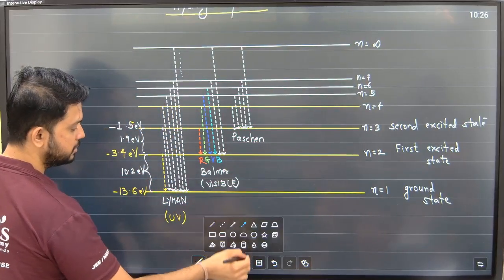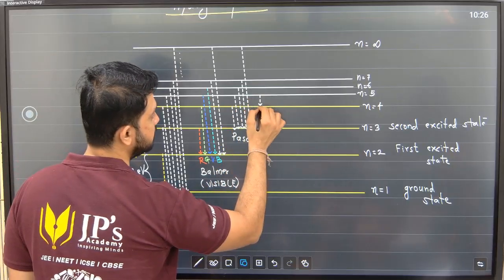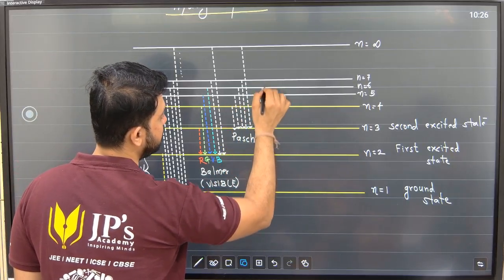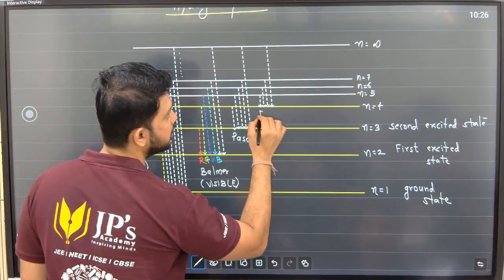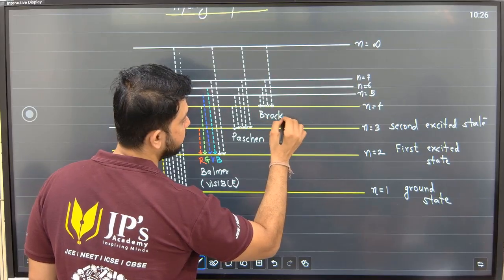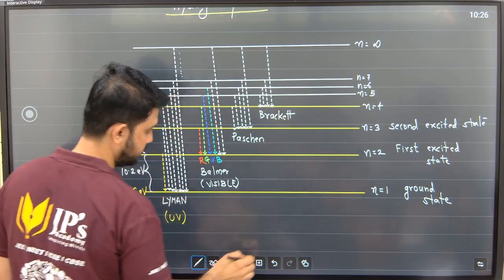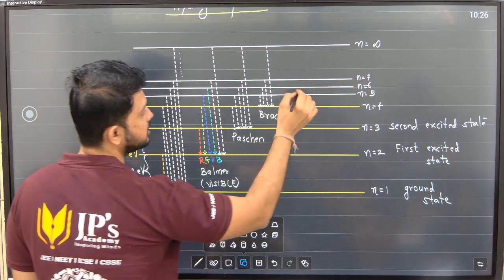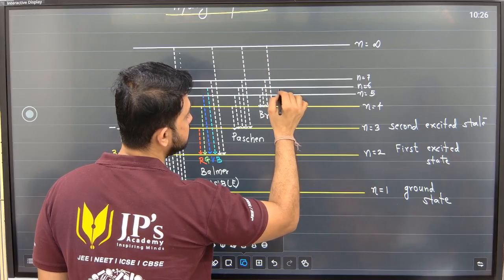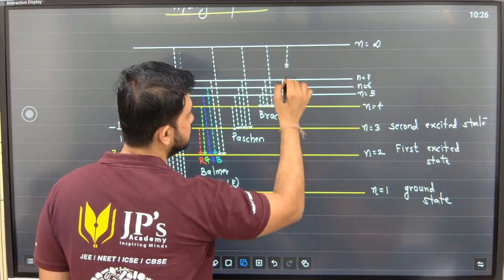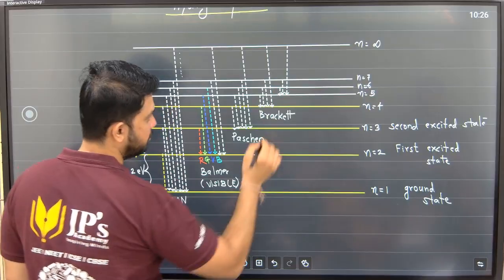For all transitions in the third excited state, or n is equal to 4, is called Brackett. The next, fourth excited state, is called Pfund.